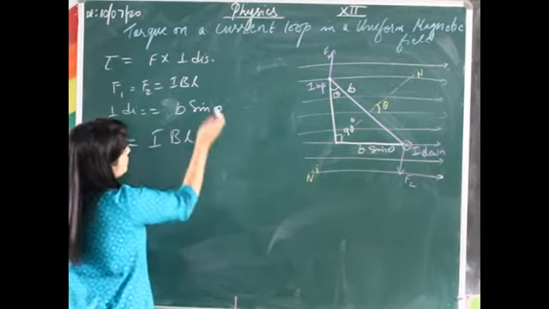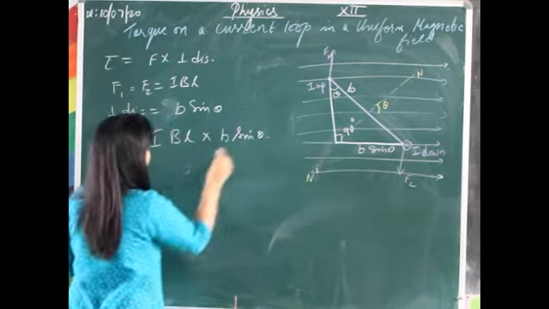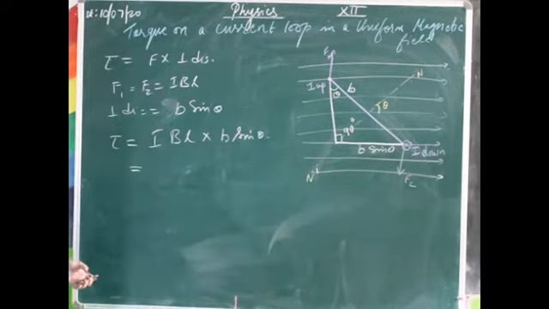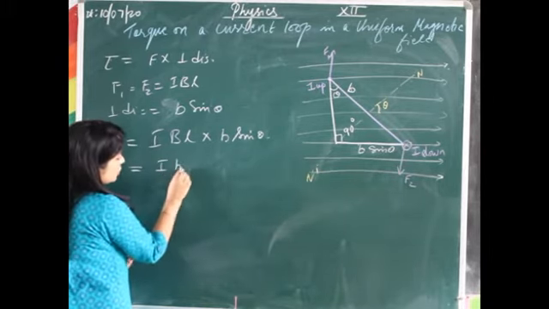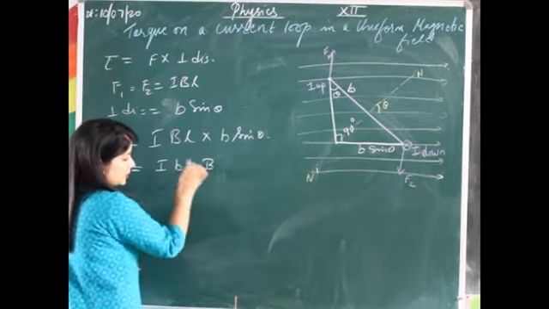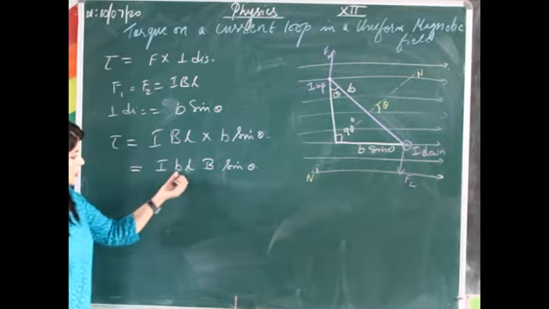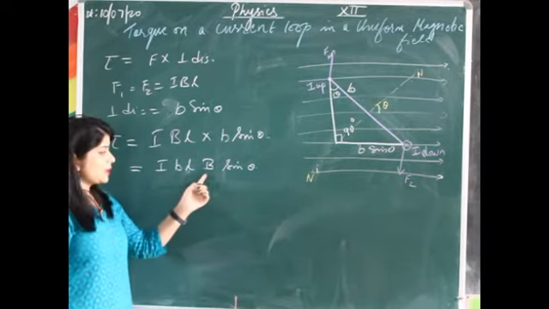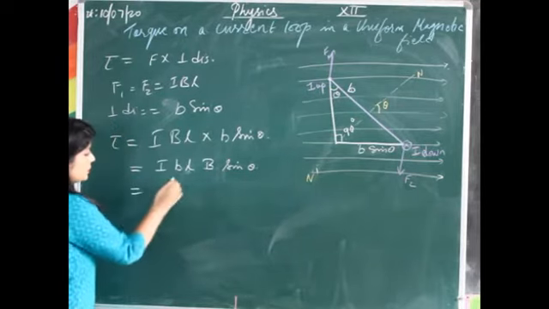Now we can find the torque, that is force IBL cross perpendicular distance, which is b sine theta. Now we'll rearrange this: I small b L b sine theta. Do not get confused between small b and capital B. Capital B is the magnetic field, small b is that side.